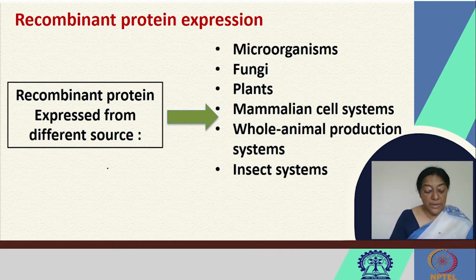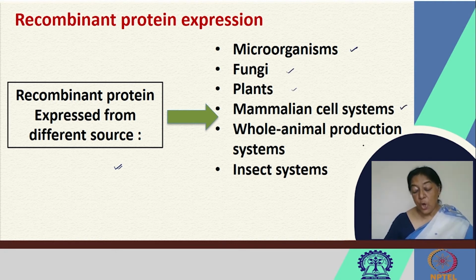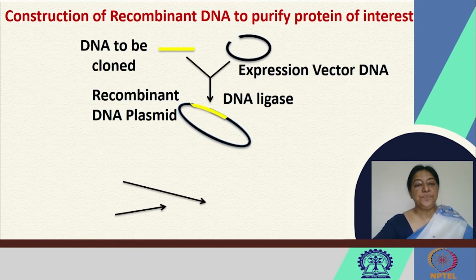When we are looking at a recombinant protein expressed from a different source, say microorganisms, fungi, plants, mammalian cell systems, whole animal production systems, or even insect systems, we can look at the ways in which we can bring about the protein expression. So we will see briefly how this is done.